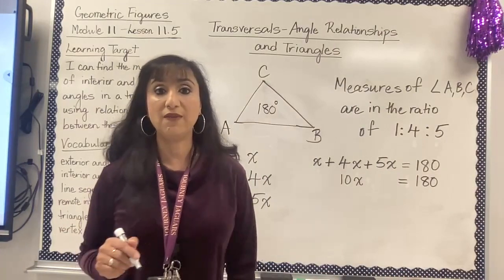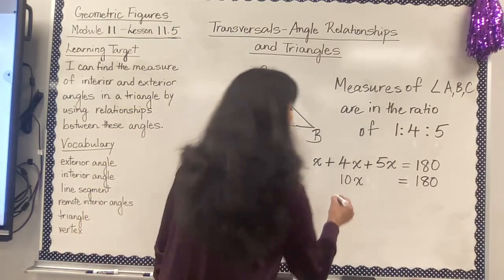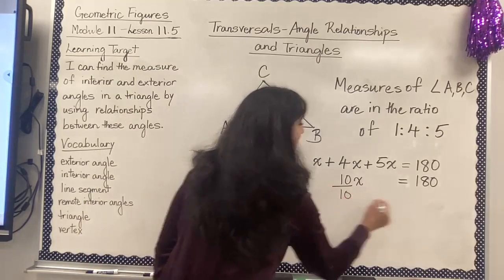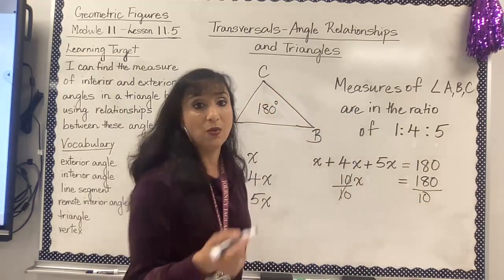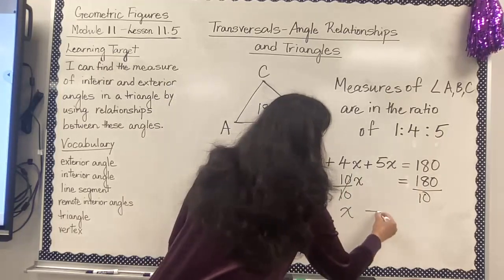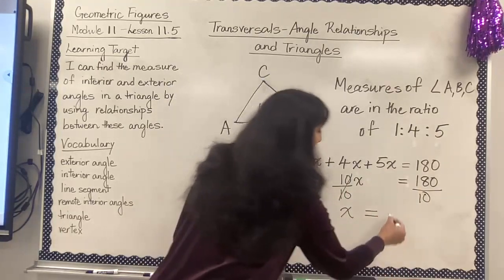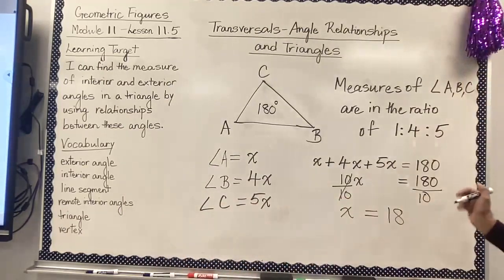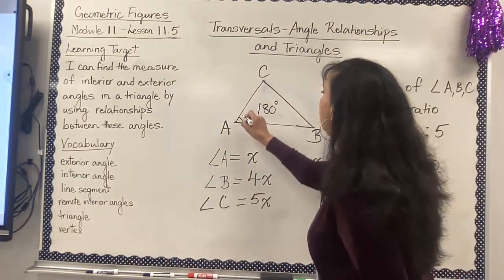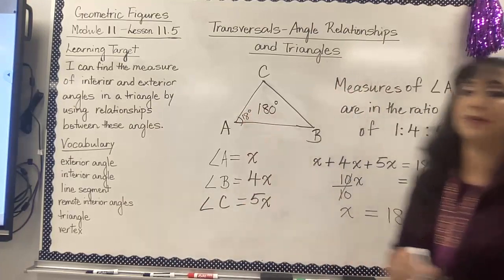So I'm going to use the division property of equality, and I'm going to divide both sides by 10. 10 divided by 10 gives me 1. 1 times x is x. And 180 divided by 10 is 18. So it tells me that this angle is 18 degrees.